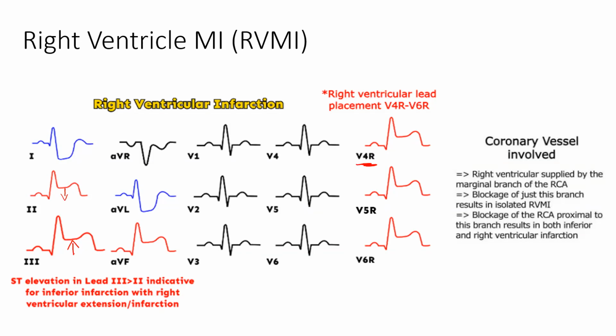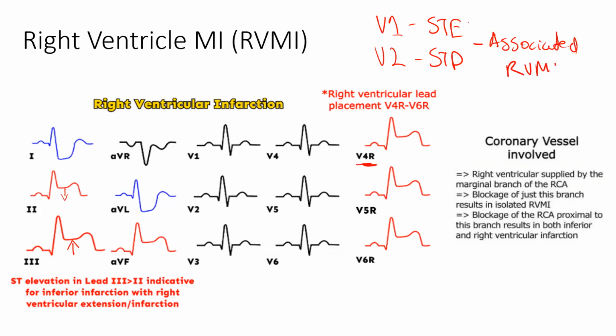In the same sense, if you have ST elevation in V1 and ST depression in V2, that's also associated with RVMI. So double whammy: if lead 3 is greater than lead 2, and you're also seeing elevation in V1 and depression in V2, you definitely want to do at least one V4R, which is simply moving your lead V4 and switching it to the other side.